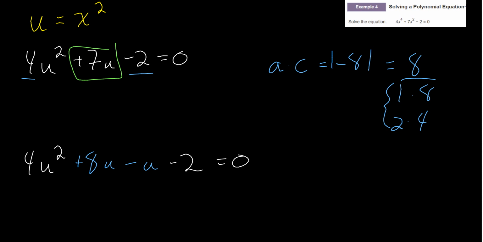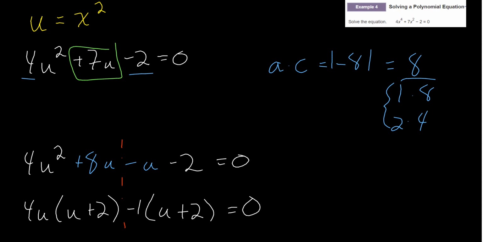Anyways, from here, we know that we can factor by grouping. And if I factor by grouping, the left side, I can factor out a 4u. And what remains, it looks like a u plus 2. I'm going to factor out a negative 1 over here to get a u plus 2. And these are my factors, right? So my factors are just going to be 4u minus 1 and u plus 2.